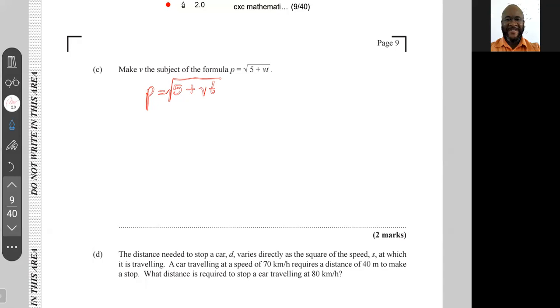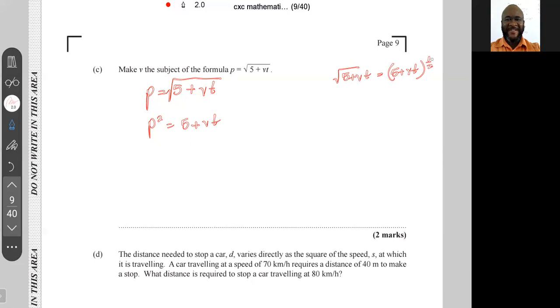Now, to get rid of the square root, I'm going to square both sides. So if I square both sides, I'm going to have P squared is equal to 5 plus VT. Now, the square root of 5 plus VT is the same as saying 5 plus VT raised to the half power.